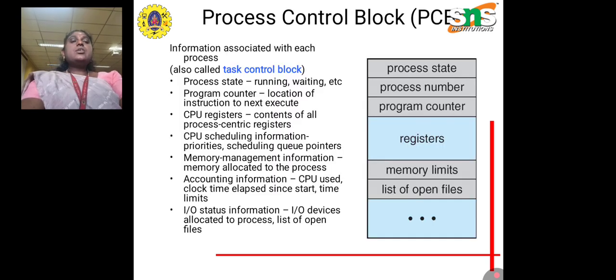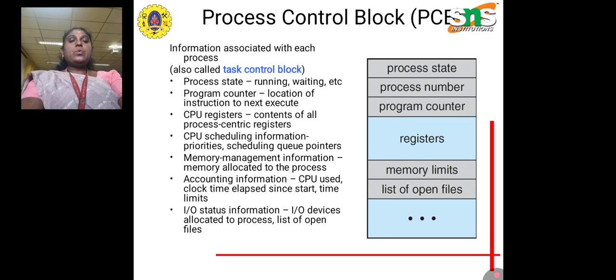The process control block holds the information associated with each process, where you have the process state, process number, program counter, registers, memory limits, and the list of open files. It is also called a task control block. The process state can be running or waiting.